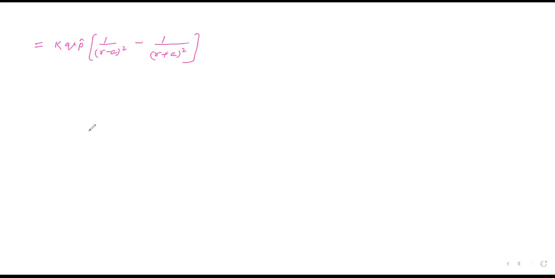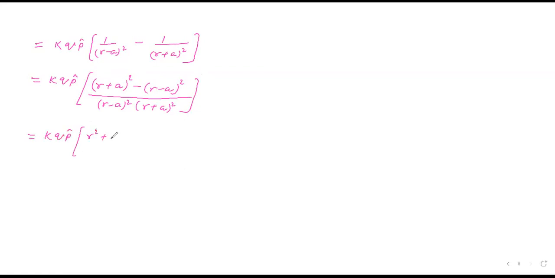Then you can take the LCM. After taking LCM, you get (R minus A) square, (R plus A) square in the denominator, and in the numerator (R plus A) square minus (R minus A) square. Now try to expand the bracket values.